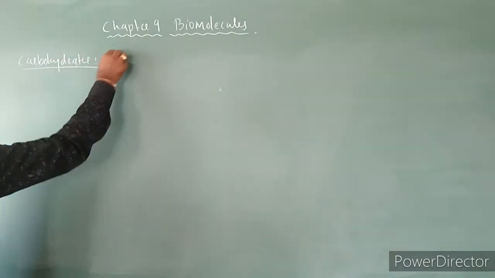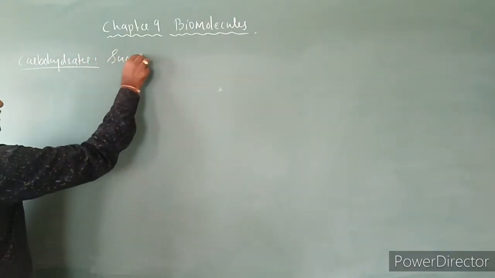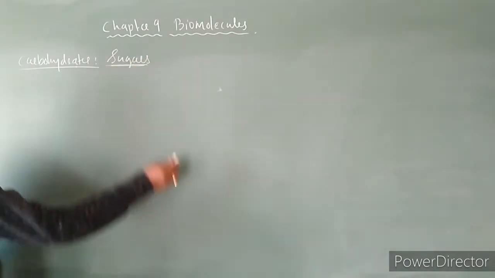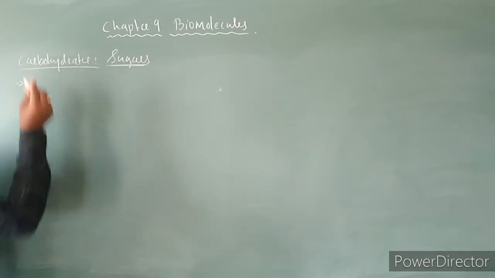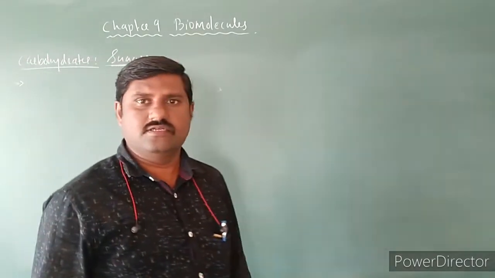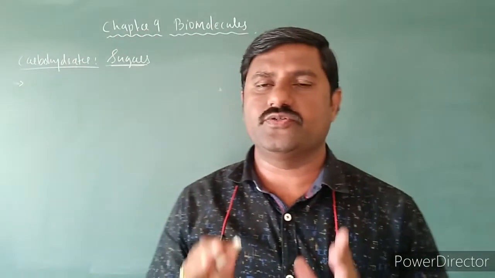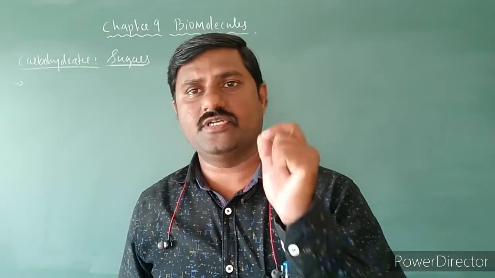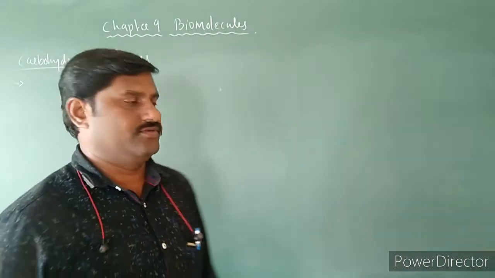So these carbohydrates are simply called sugars. What are these carbohydrates? These are organic compounds which are made up mainly of carbon, hydrogen as well as oxygen, right?